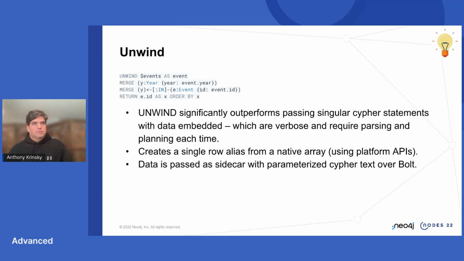It would require 1,000 parses, 1,000 plans, and a lot of extra text over the line. So when you're using Unwind, you're basically sending an update template, like a JDBC sort of stored procedure. You're sending that, and then you're sending the data separately, sort of sidecar as an array with that request, and it's much more efficient. Maybe 100. Well, it's going to depend on your data size, how your savings, right?